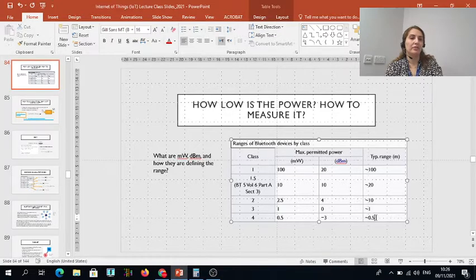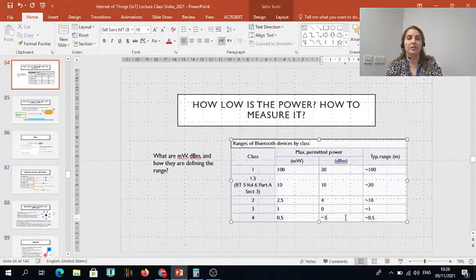That will give us very small range in this case. So you can see the relationship here. The way that the range is moving is slightly different from the way that this dBm is changing.